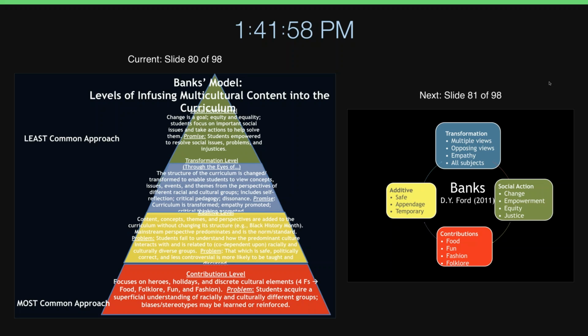For example, there is a children's book for teaching students ABCs, and I use this example a lot, but it says E is for Eskimos. There's a picture of, I'm going to use the word Eskimo, which needs to be corrected. That's social action, that's transformation.